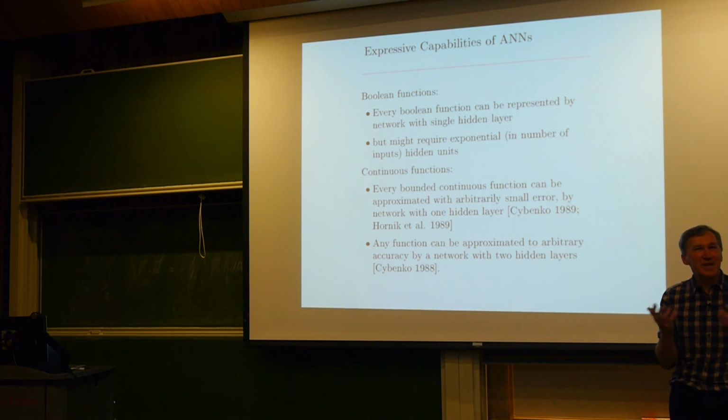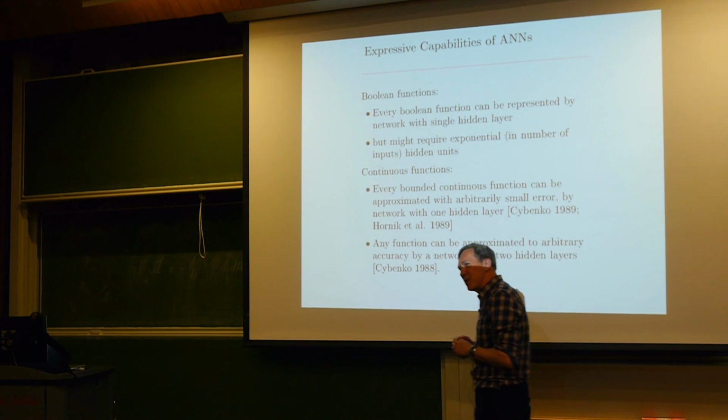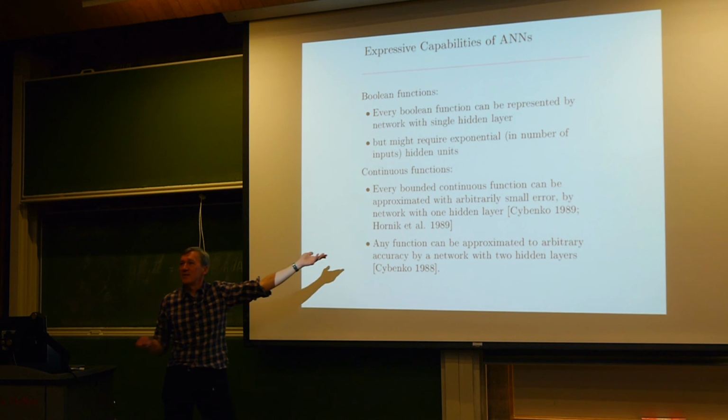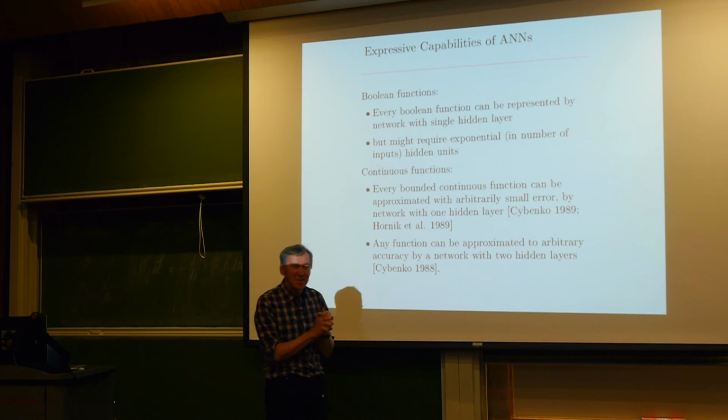And there are various basis sets of Boolean components you can use to build Boolean circuits. That result generalizes to sigmoid functions. Sigmoid functions can represent AND gates with the right weights. That's a good thing to do in the shower. Figure out the weights that would represent an AND gate with a sigmoid unit.